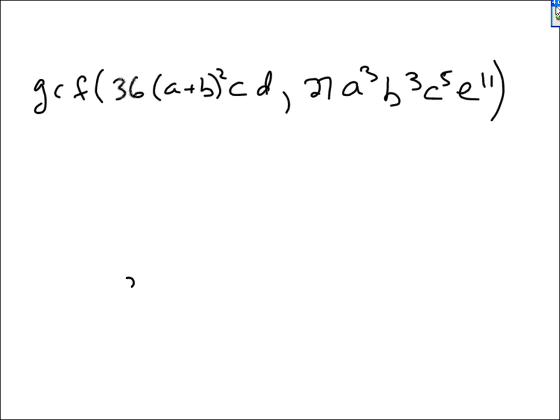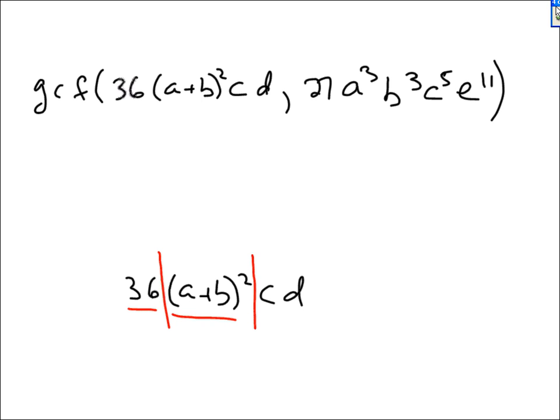In the first term, 36 times a plus b squared cd, the factors, like always, are the things that are being multiplied. 36 times a plus b squared times c times d.